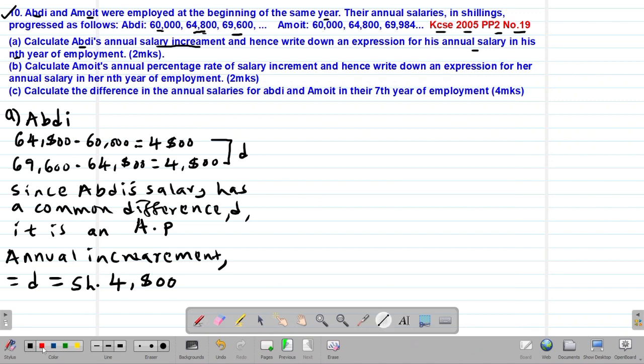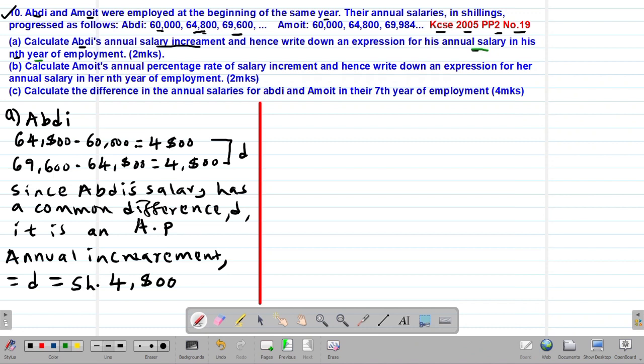Then we look at the second aspect of part A that we are being asked to find: write down an expression for his annual salary in the nth year of employment.